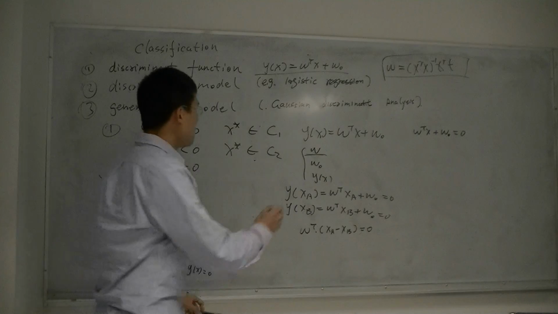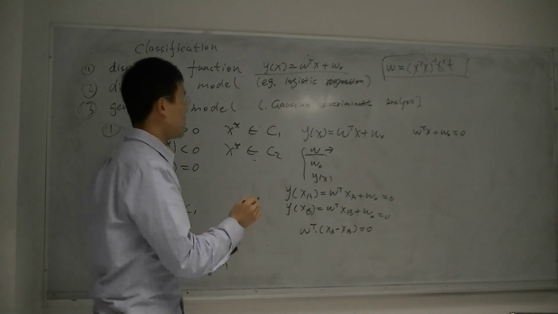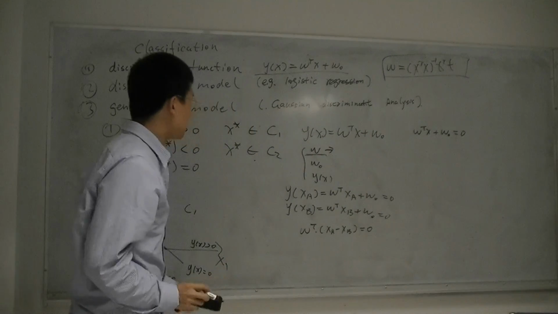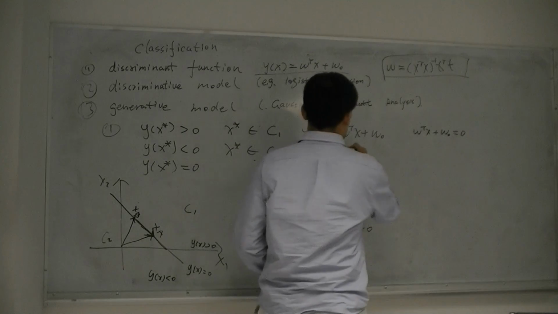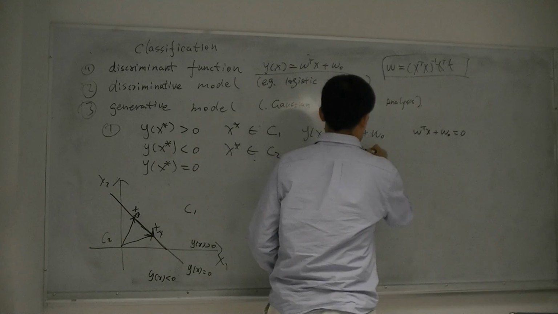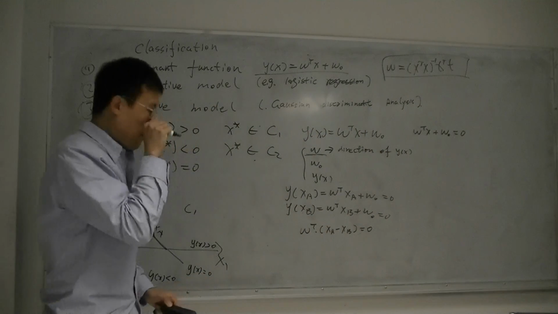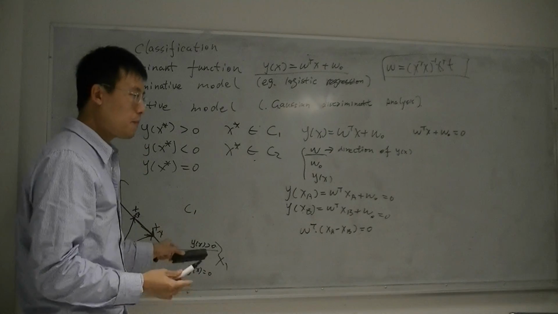So the vector omega is orthogonal to the classification boundary. This is the geometric meaning of omega here. This is the direction of the y axis. Any questions about this one?